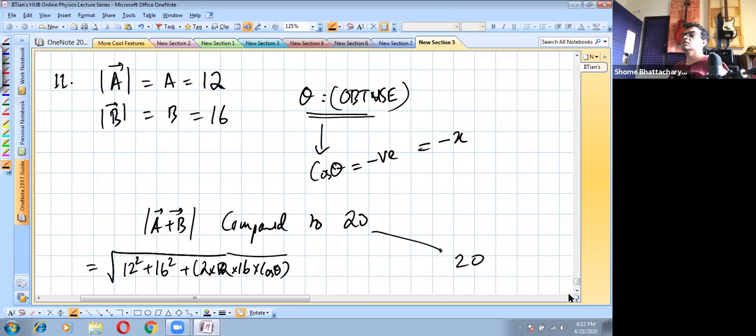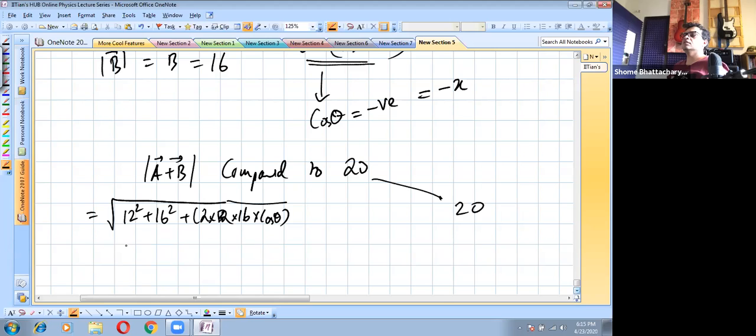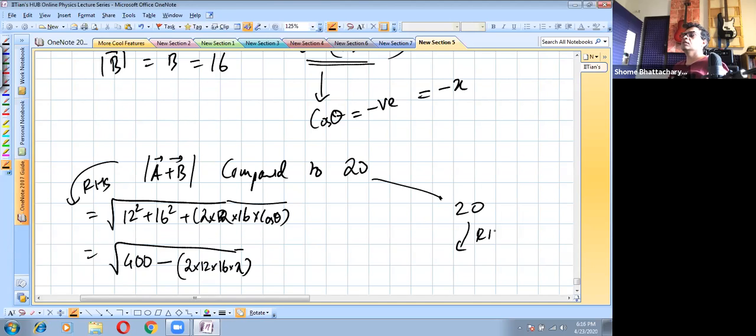So as you can see, the left hand side is the square root of 144 plus 256, that is 400, minus of, because this cos theta is a negative quantity, it is minus of 2 into 12 into 16 into x. Okay. Whereas this quantity, the right hand side, you can straight write it as square root of 400.